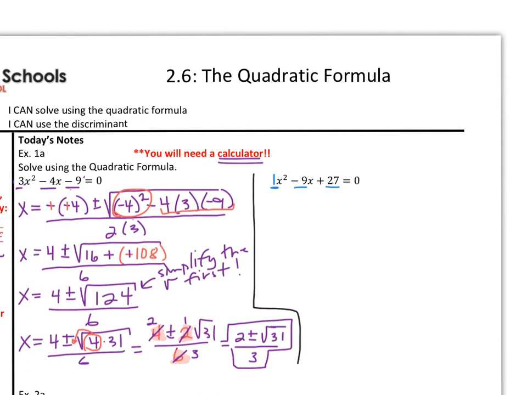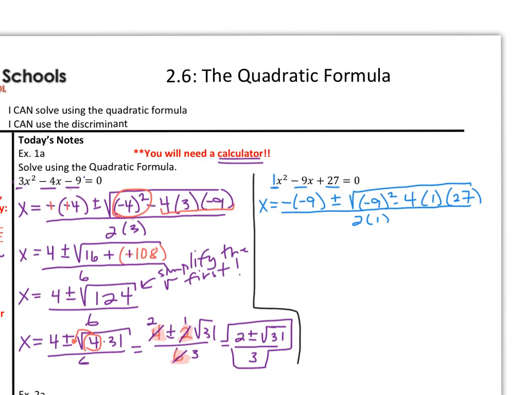Here we go. x equals negative b, so we have another double negative happening here, plus or minus the big square root, b squared minus 4ac, 4 times 1 times 27, all over 2a, 2 times 1. And now we simplify.